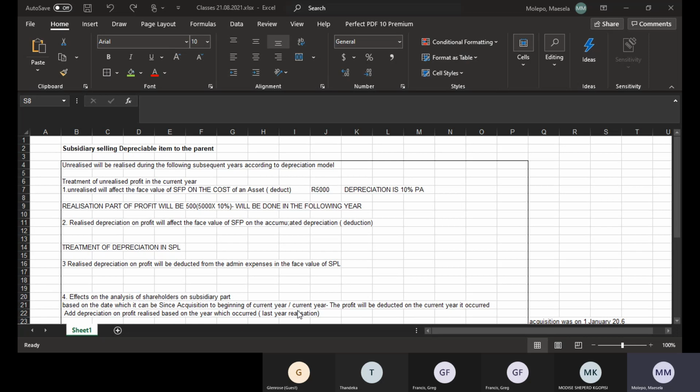Next week we'll do another exercise, because in the first exercise they are looking for the consolidated financial statements, which will be the balance sheet, the income statement, and the statement of changes in equity. However, in the next example, example 2, they were only looking at part of the statement of profit and loss. Okay, let's see. Question 1, page 149.